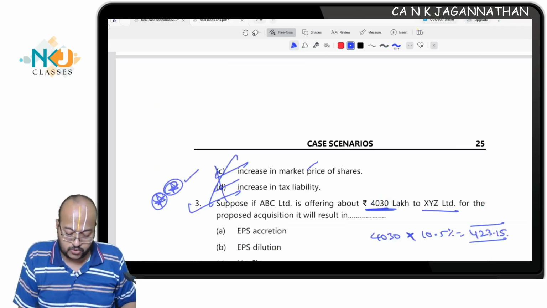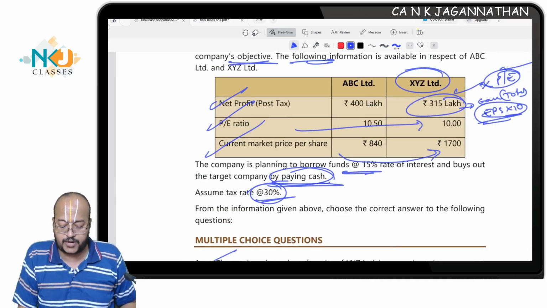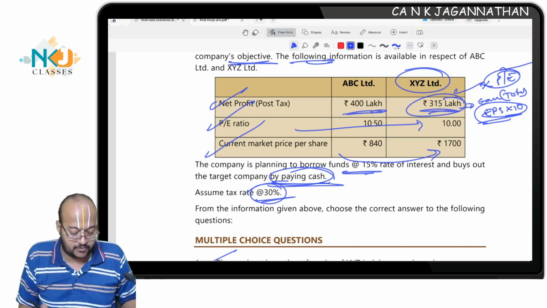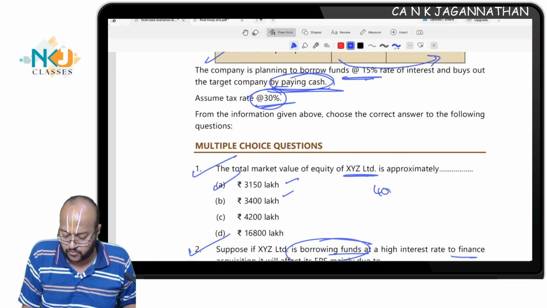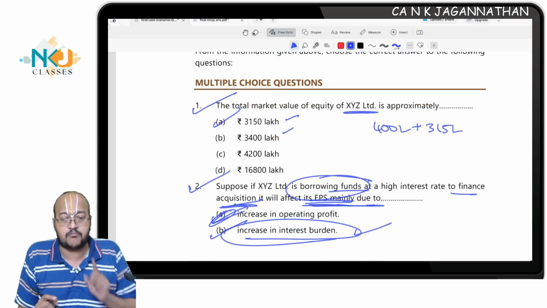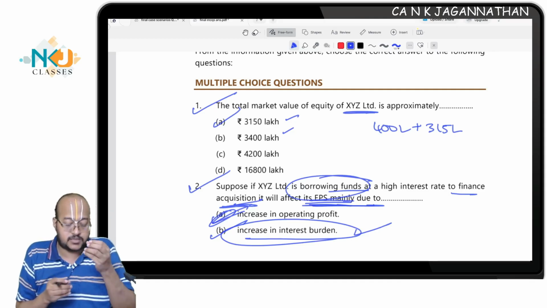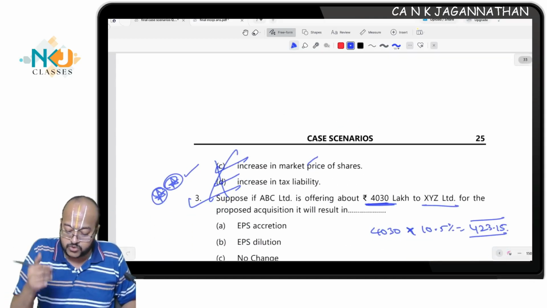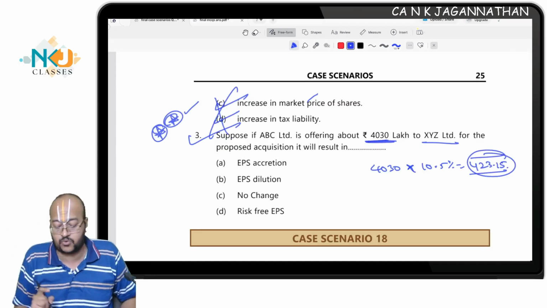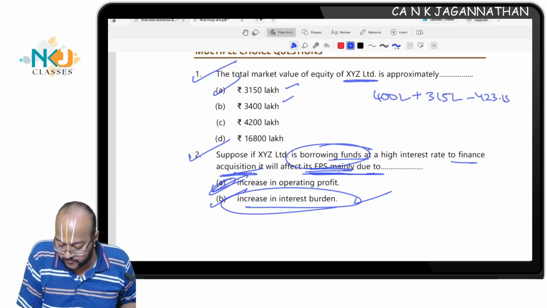Now, what you should do here? First, this company, what is the post-tax profit? 400 lakhs. Post-tax profit of this company, okay, of the merged entity. What is the post-tax profit of the merged entity? 400 lakhs plus how much? 315 lakhs. But because of the levered buyout, what will happen? This after-tax interest cost will be reduced, na? Yes, you can directly reduce. Why? You converted the interest into post-tax. You can reduce. So 423.15 lakhs is there.